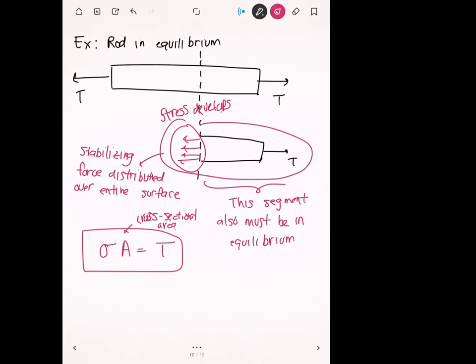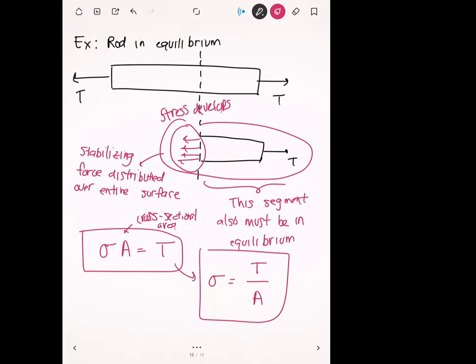And so we can use this formula and solve for the stress. The stress is nothing more than just the applied tension divided by the area. That's a simple way to compute the stresses in this situation. Any questions on this?